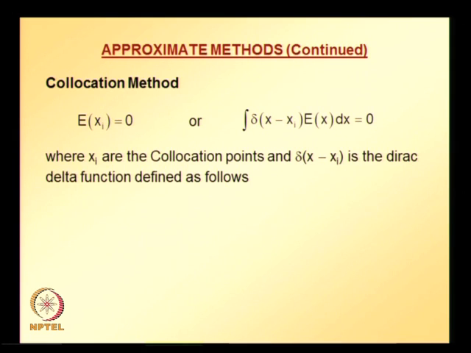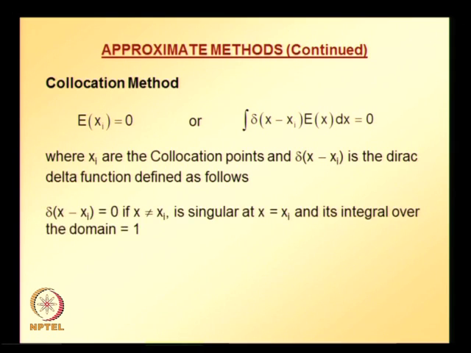And I hope you know what the Dirac delta function is. If not, here is the definition: delta x minus xi is equal to 0 if x is not equal to xi, that is singular at x is equal to xi, and its integral over the entire domain is equal to 1.